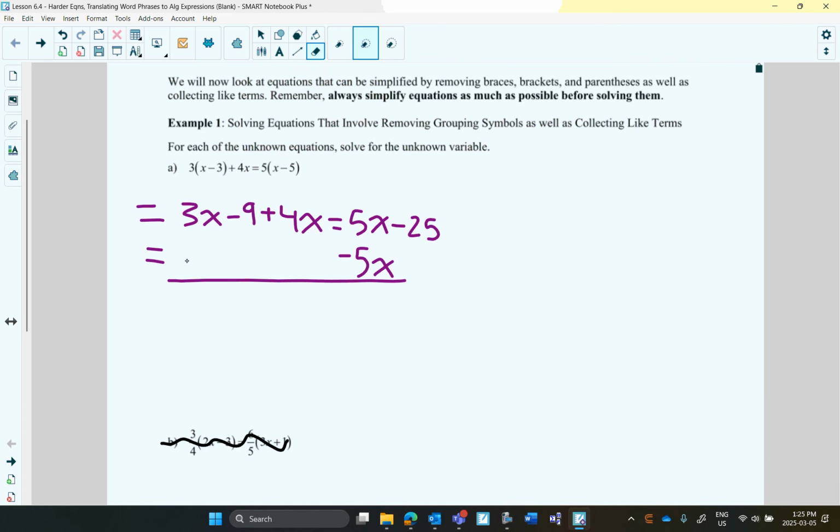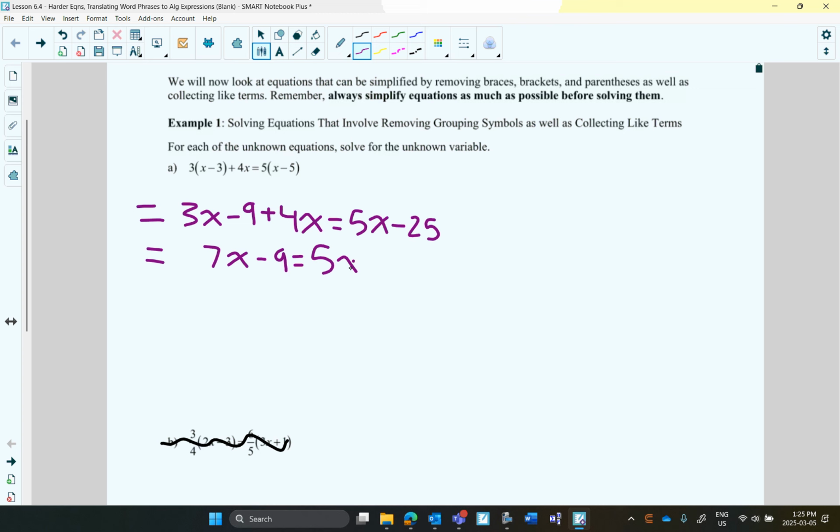And we don't need the equal sign at the beginning. Good. 7x minus 9 equals, and that should be 5x minus 25. Good. Now you can start moving.